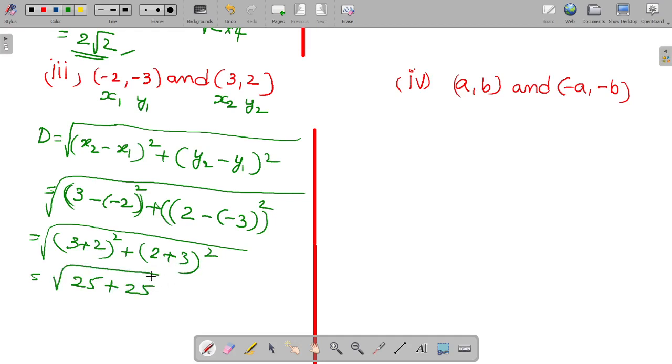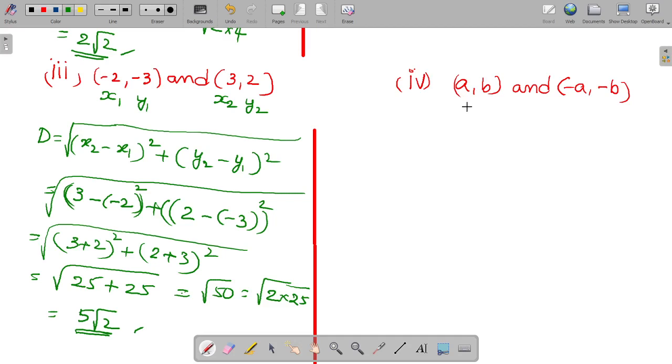So square root of 25 plus 25 is square root of 50, which means square root of 2 into 25. The value is 5 root 2 units.